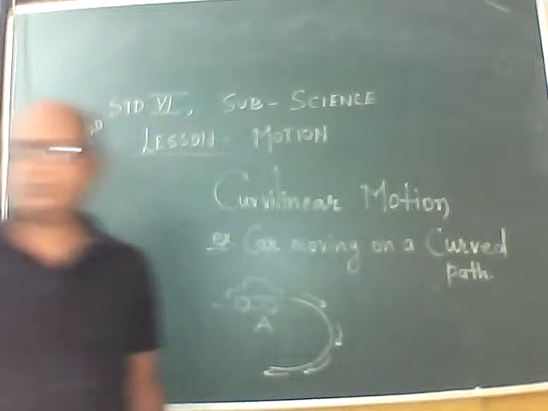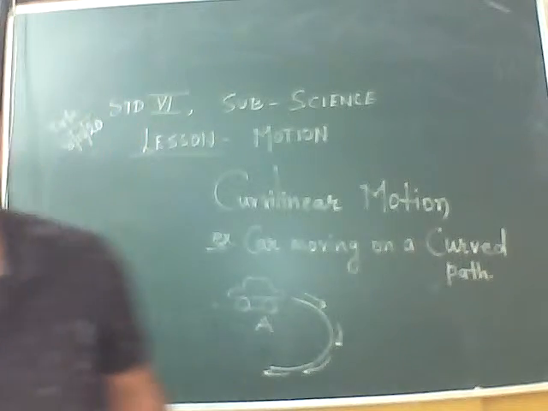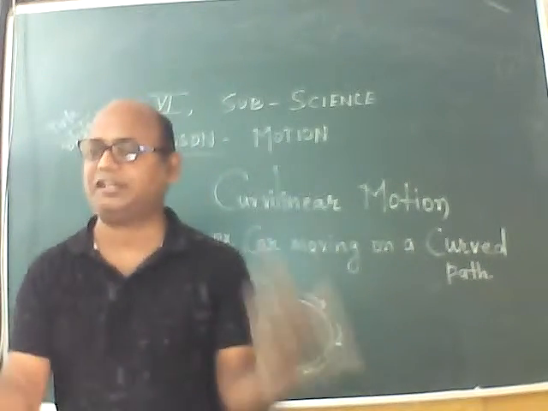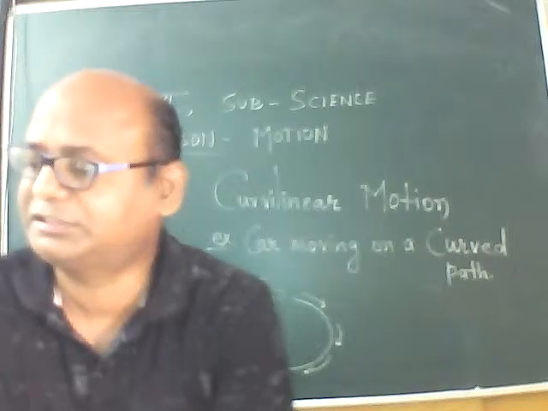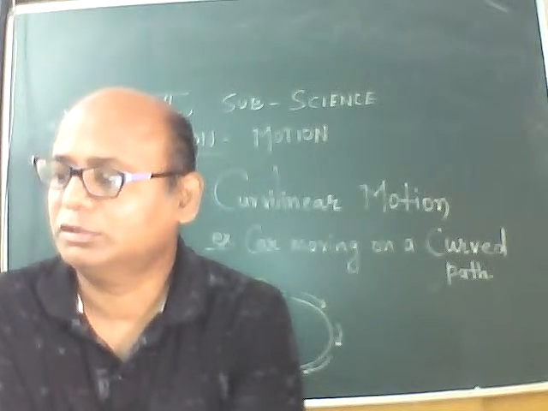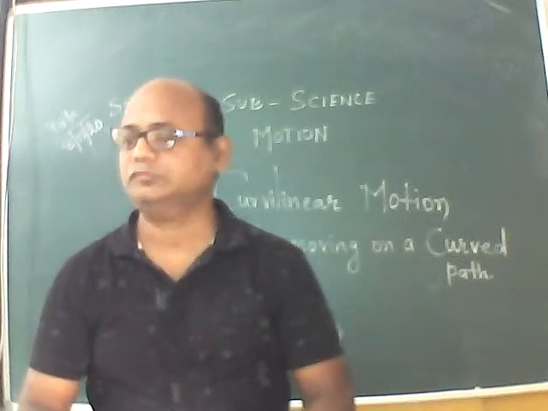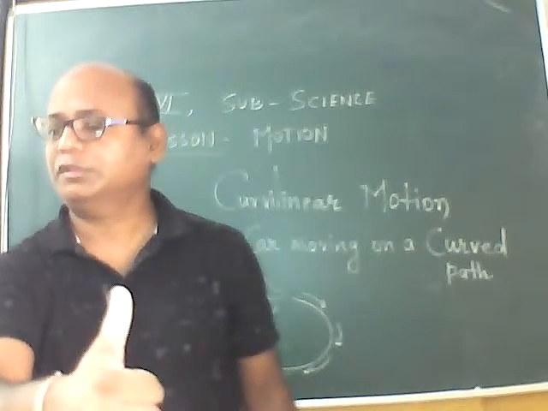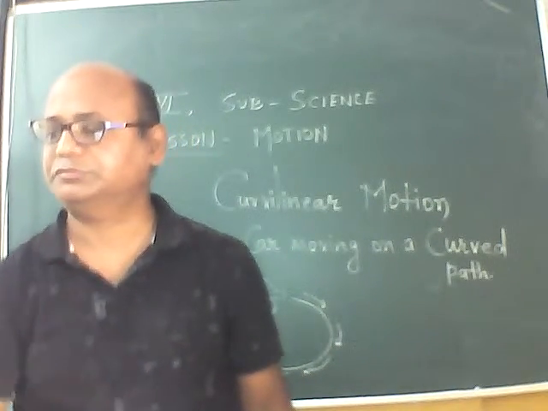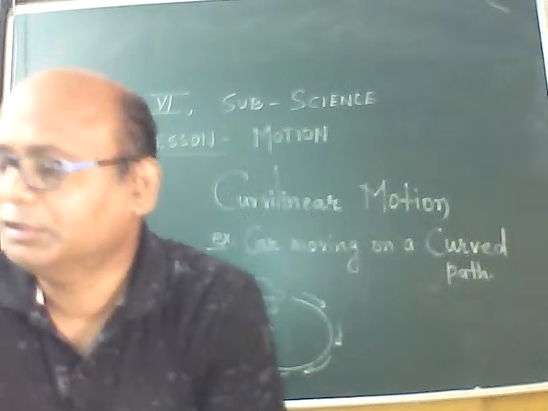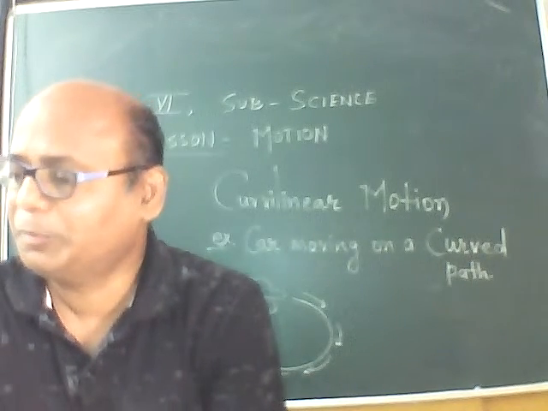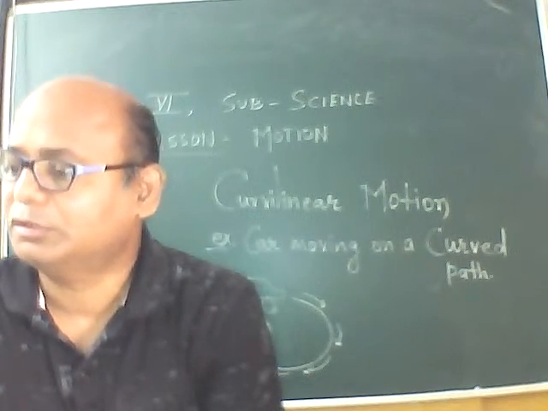Okay, so some more examples from your side. One example I gave. Yes, start one by one. Very good, Janvi. You gave the correct answer. Car moving along the curved path. I agree with you.